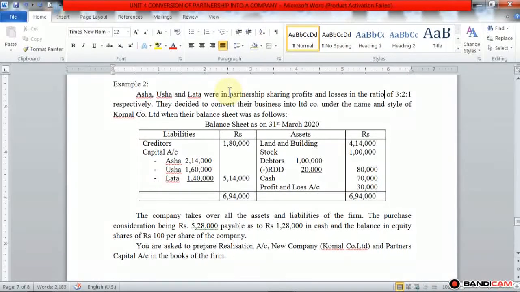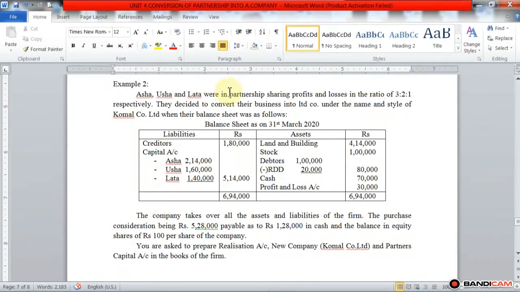So here Asha, Usha and Lata are the three partners in a partnership firm, and the profit sharing ratio of these three partners is 3:2:1 respectively, and they decided to convert their partnership firm into a limited company, and the name of the limited company is Komal Company Limited. The balance sheet of the partnership firm is given here.